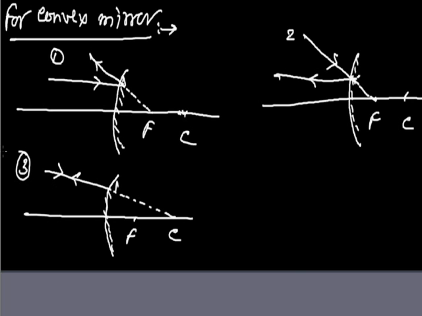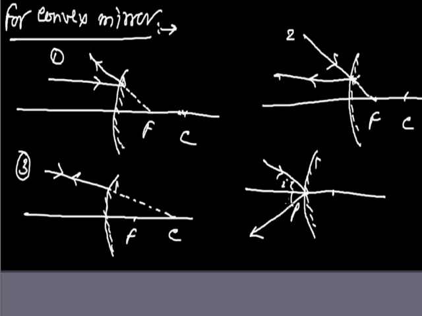Number third and fourth, this one is convex mirror. Pole, a ray falls at pole at an angle of I, it will reflect at the same angle, at an angle of R. Here is F, here is C, pole. This one is fourth rule.